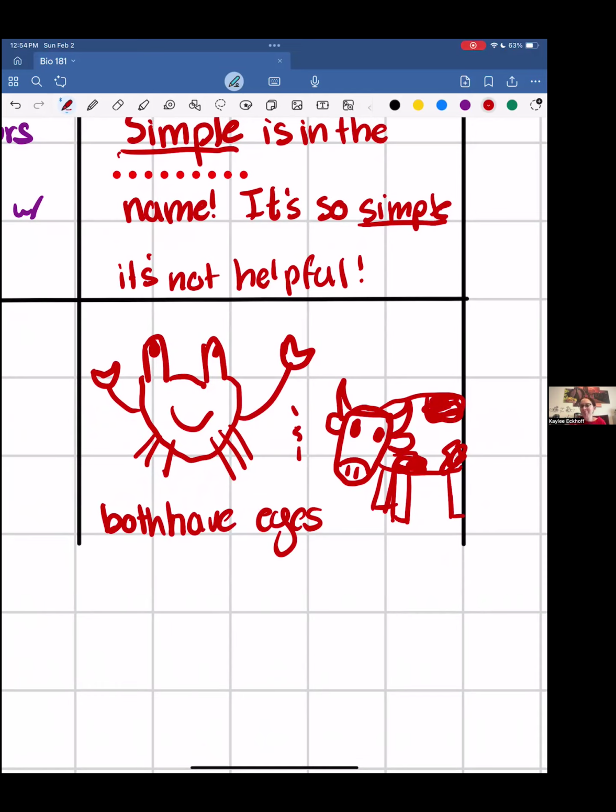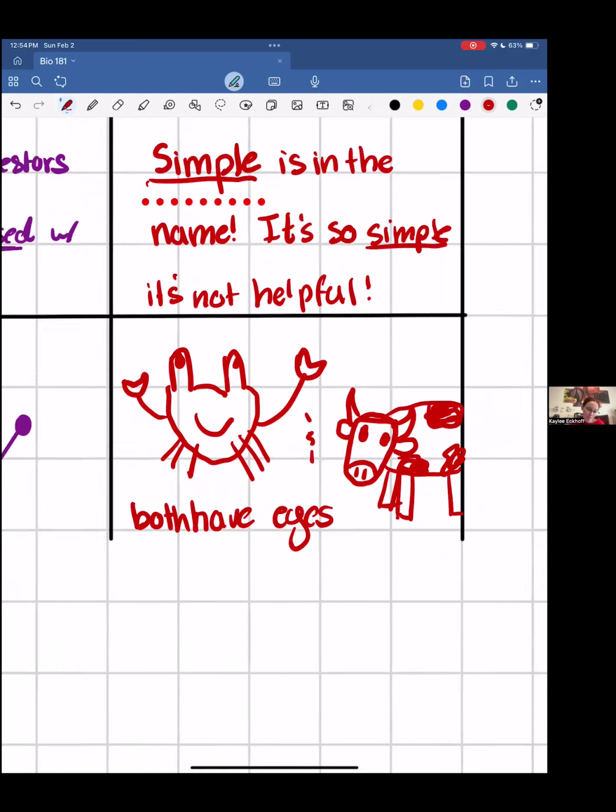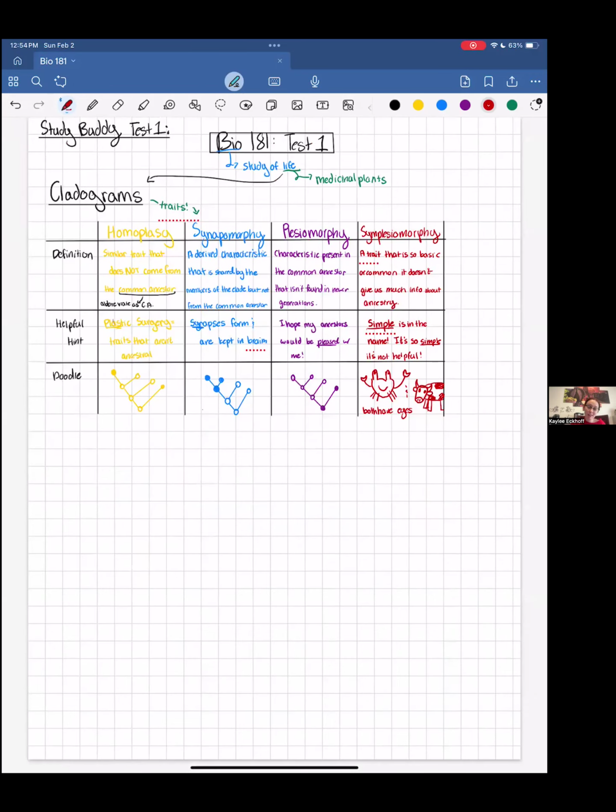So it's not going to help us if we're trying to build a tree, because you can build a tree with a cow and a crab, but you're not going to get very far. Or you're going to get far, but you're going to have a lot of things you have to put in between. And so that's it for the graph that I drew. This is the same one I drew in class on Thursday, by the way.